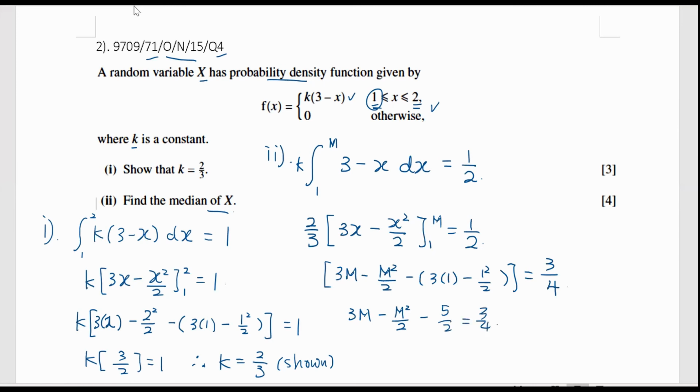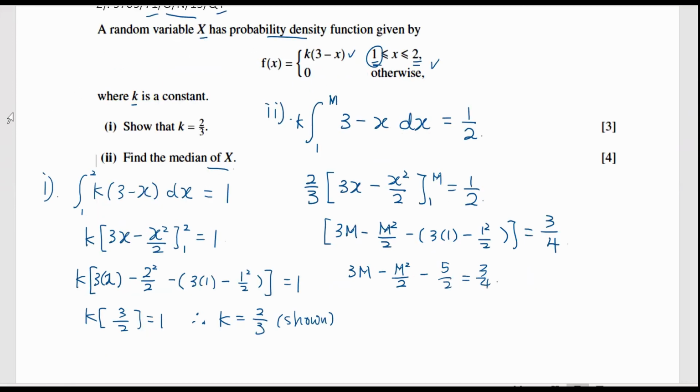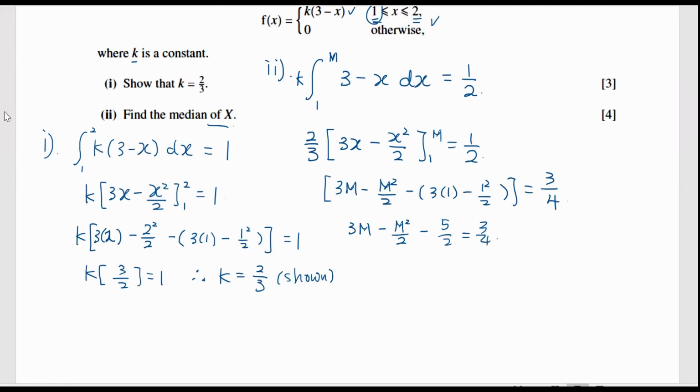So can you see what we are getting here? We are getting a quadratic equation. So we are trying to solve a quadratic equation. Bring everything to the right hand side. So 3 over 4 plus 5 over 2 is 13 over 4.